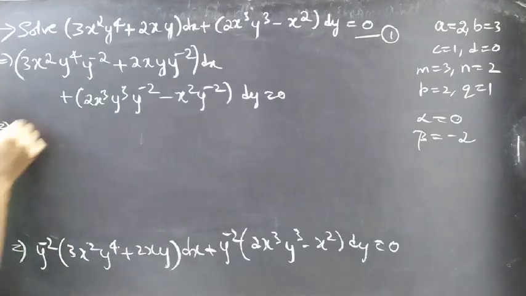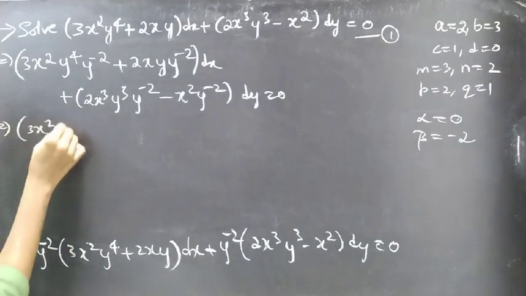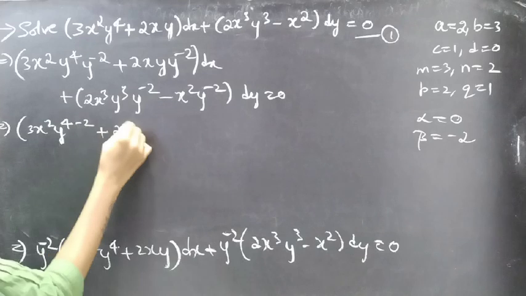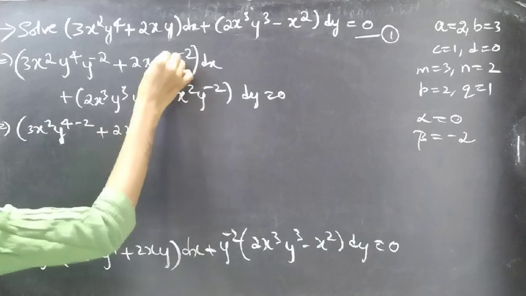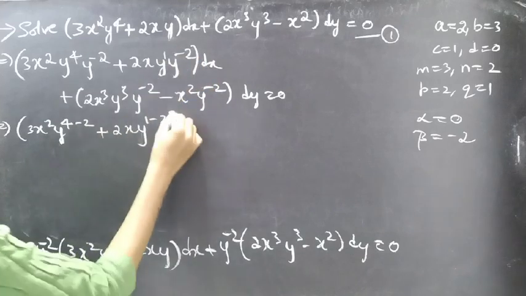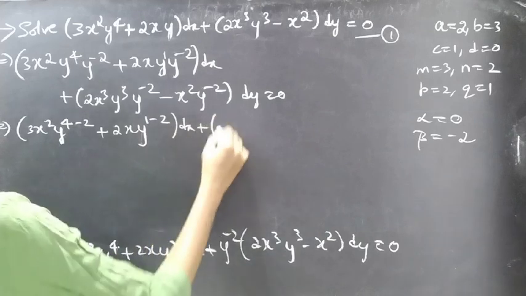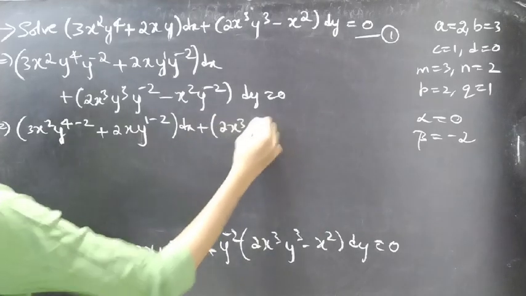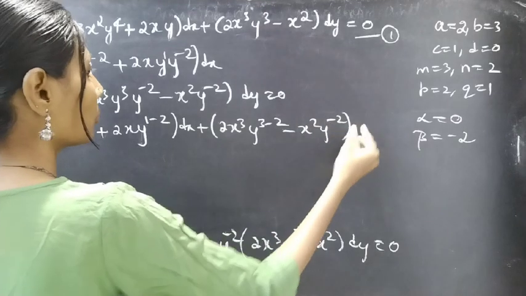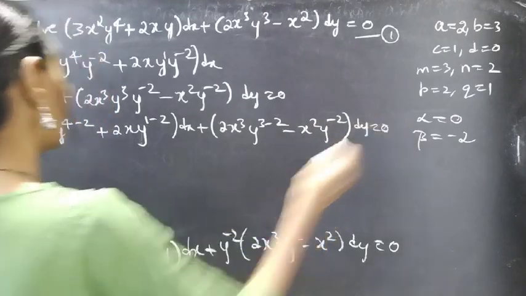Or we can write this as 3x square, add the powers, you'll get 4 minus 2, plus 2xy, here you are having power 1 minus 2, add the powers, into dx plus 2x cube y power 3 minus 2 minus x square y power minus 2 into dy equal to 0.